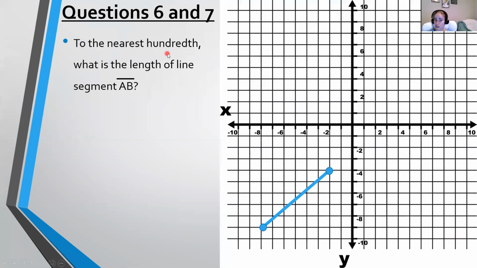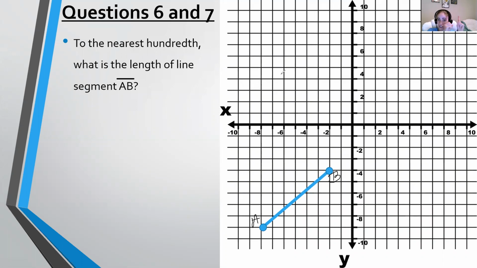To the nearest hundredth, what is the length of line segment AB? And once again, I made a little goof, forgot to actually label them. So here is point A and point B. There's a couple different ways that you can do this, but you don't need to actually memorize a brand new formula.